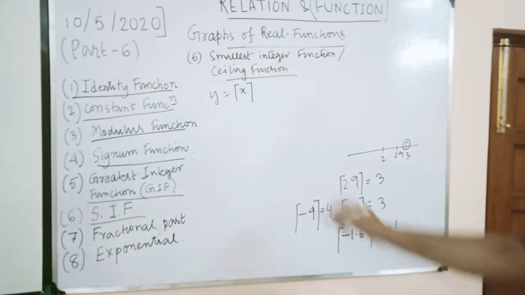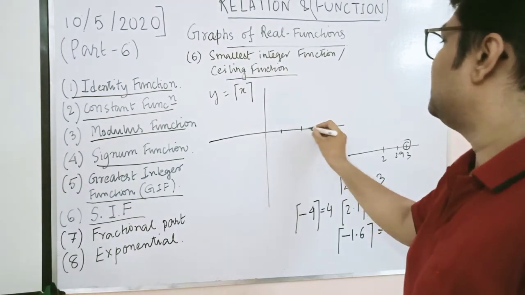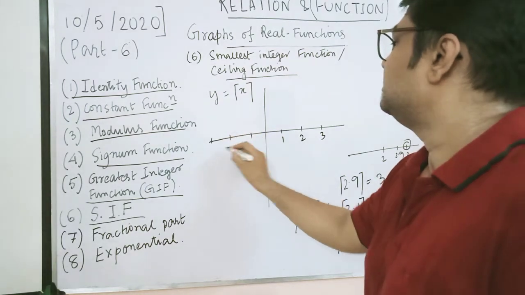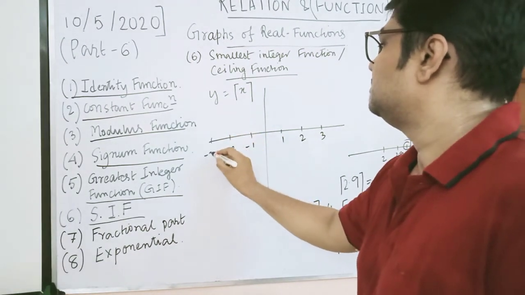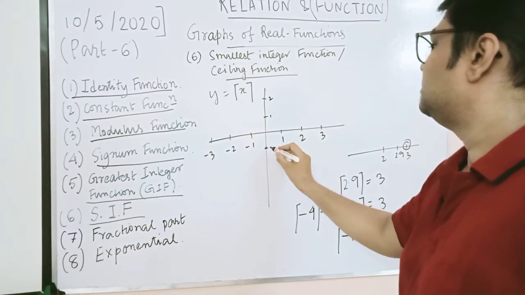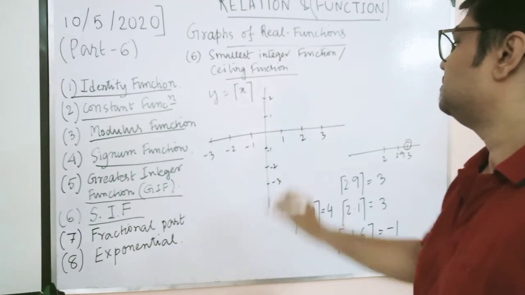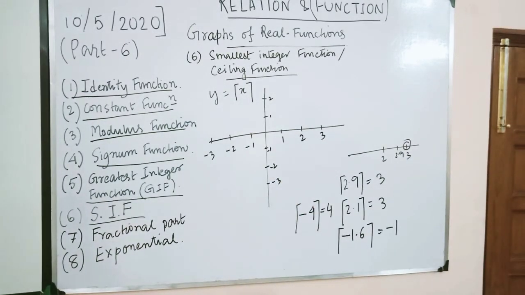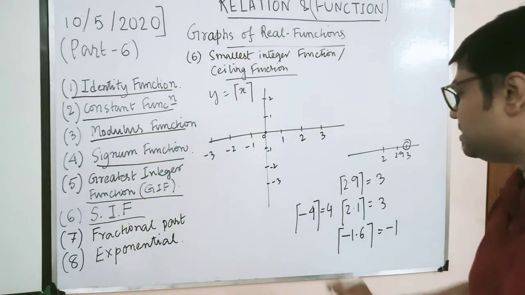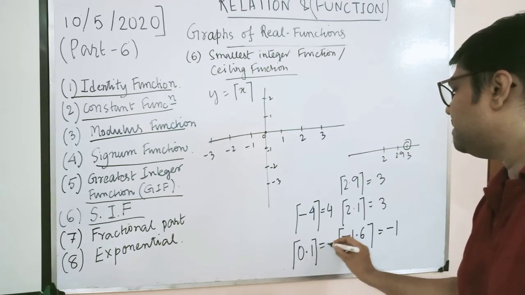So let us draw. If these are the values, we know that if it is something like 0.1, it will be 1.